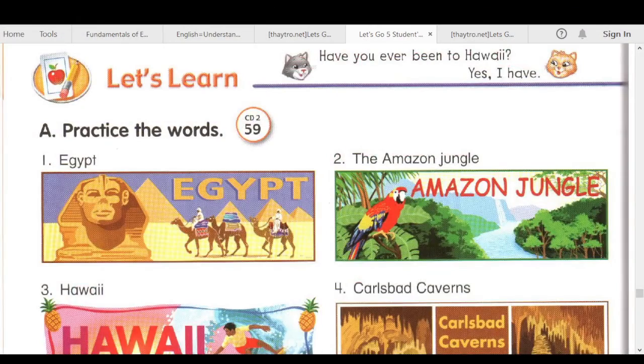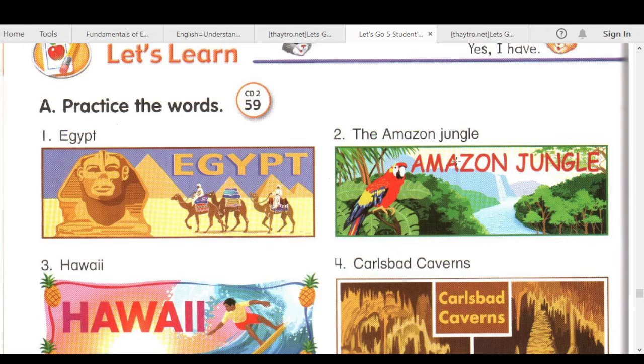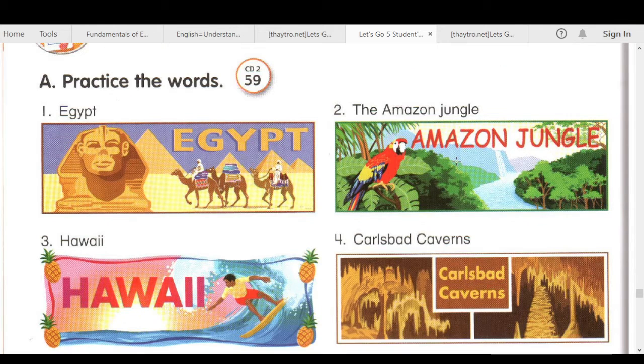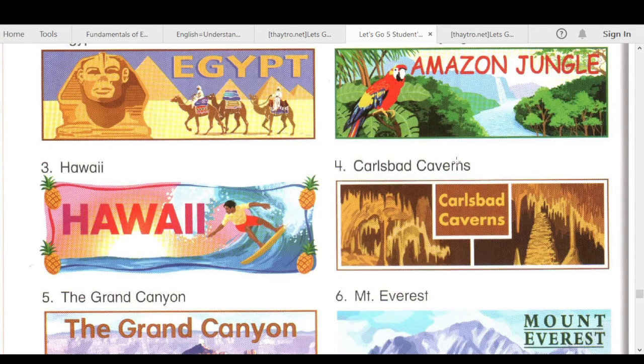Track 59. Let's learn. A. Practice the words. Number 1. Egypt. Number 2. The Amazon jungle. Number 3. Hawaii. Number 4. Carlsbad Caverns.